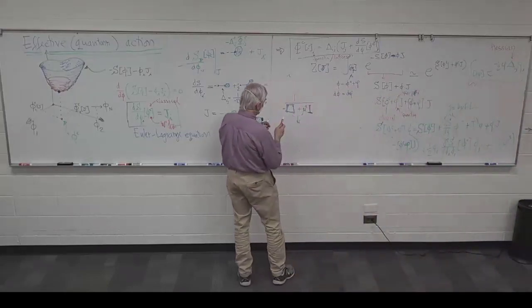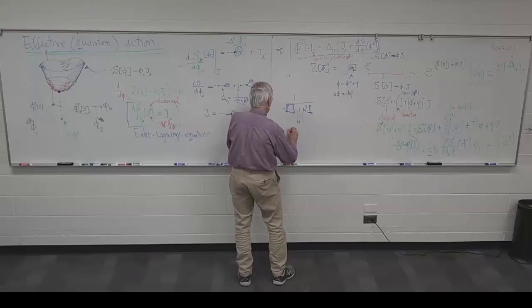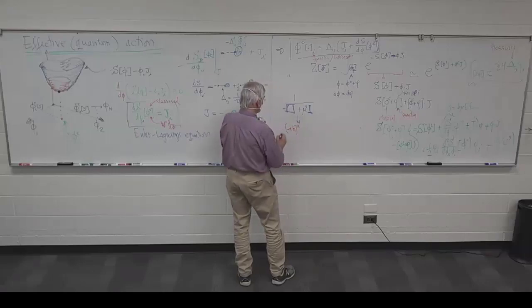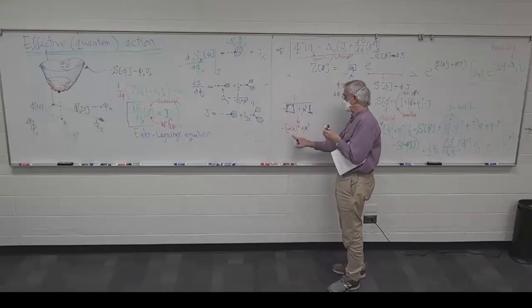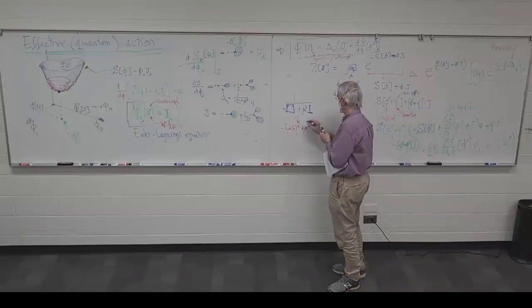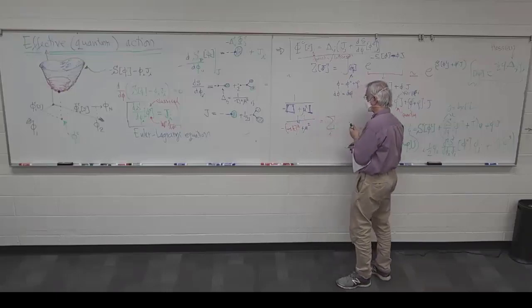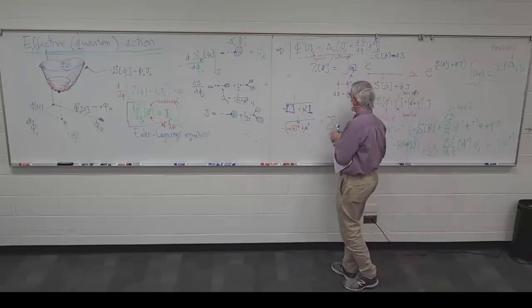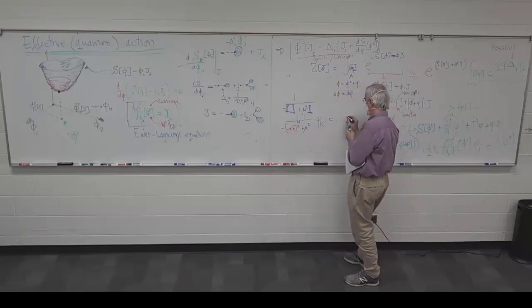If I do a Fourier transform of this, in Fourier space this is a square with a minus one, so on every eigenstate I get a positive number, k square plus mu square.